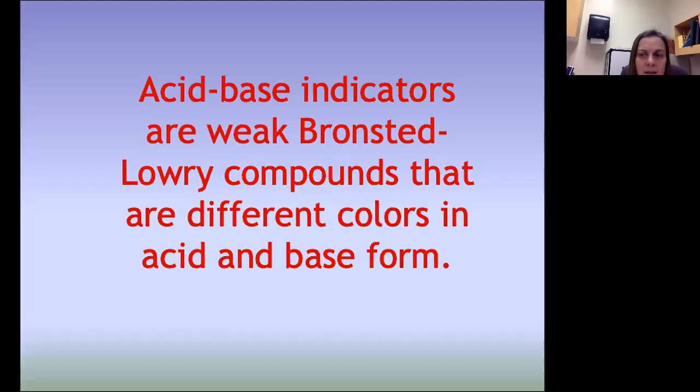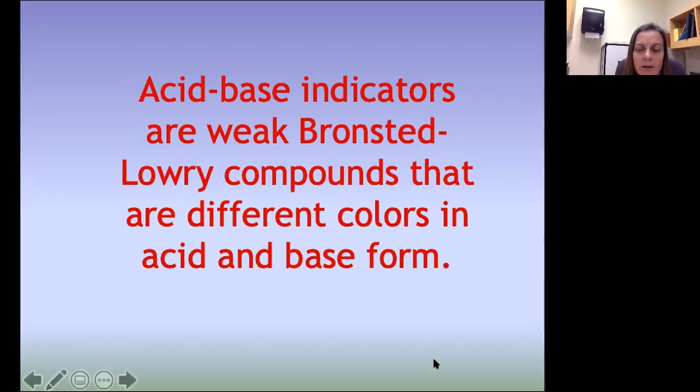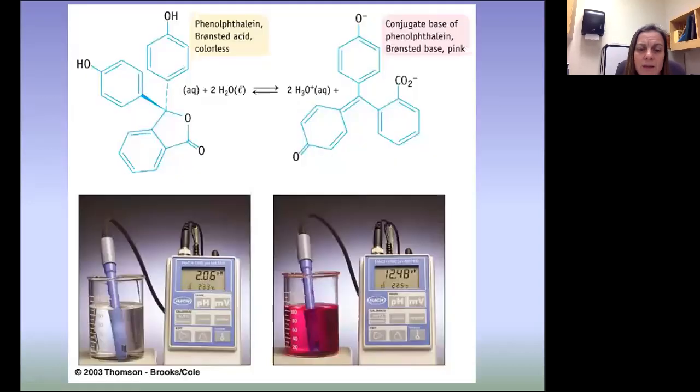These acid-base indicators are just Bronsted-Lowry compounds. They have different colors in their acid and base form. So as an example, phenolphthalein in its acid form is colorless, but in its basic form turns pink. And so it's used as an indicator because it changes color as the pH changes.